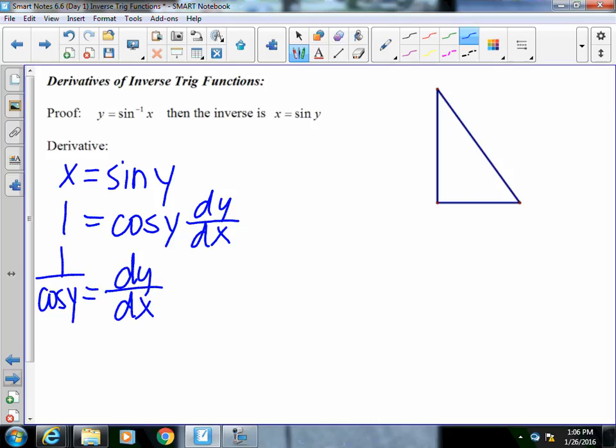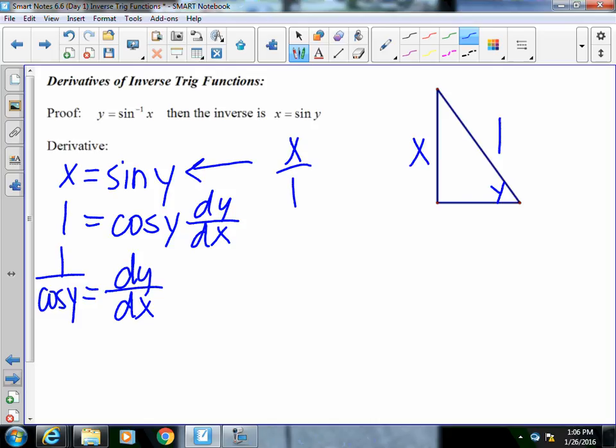And let's talk about the angle for a second. I know that x equals the sine of this angle y, right? Because of what they tell us right here. Well, x is a fraction, x over 1, and sine is opposite over hypotenuse. So I know that this is x, that this is 1.